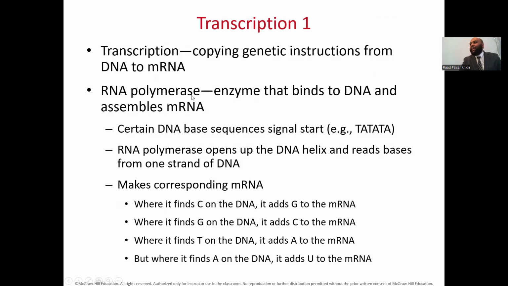So, ACE, what's the ACE? ACE, that's the enzyme. The RNA polymerase, meaning it's going to make RNA polymer. It's an ACE enzyme that's going to polymerize RNA for us.